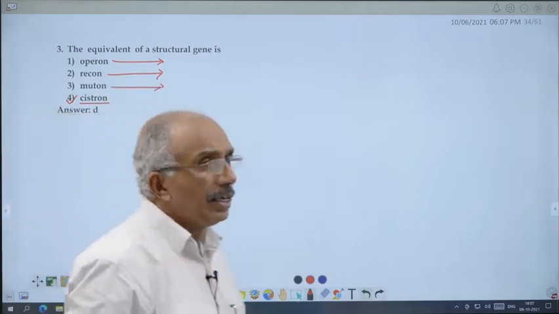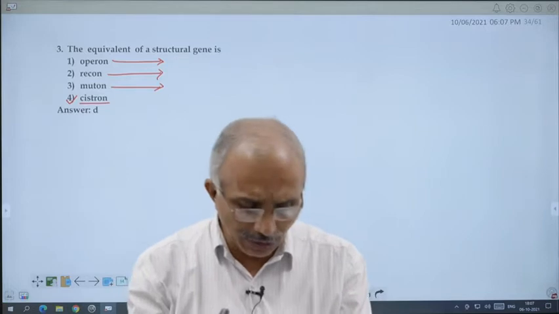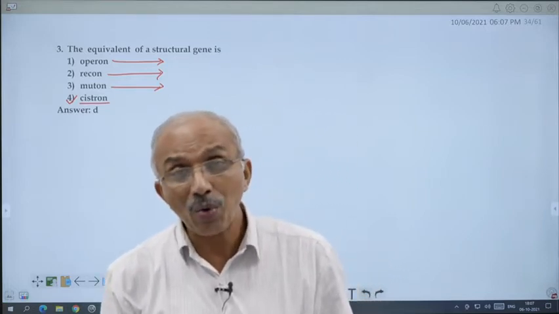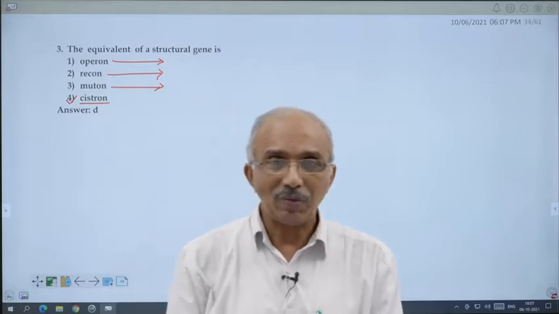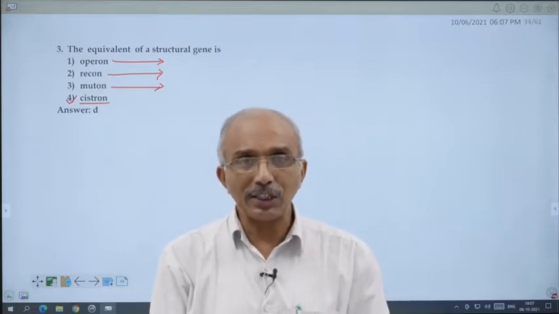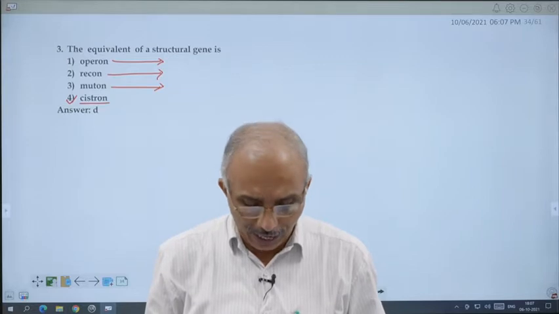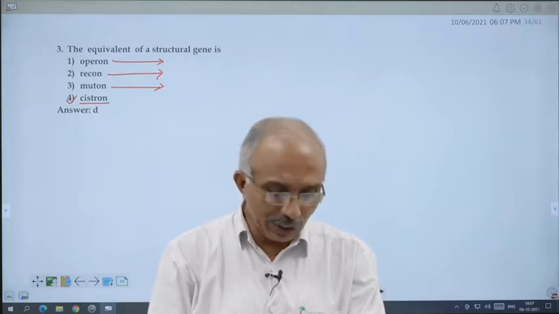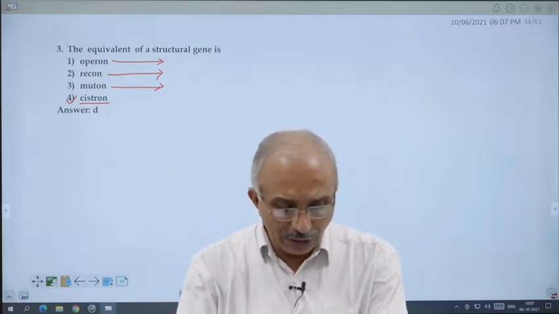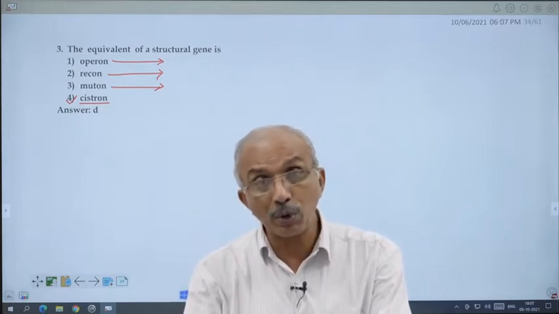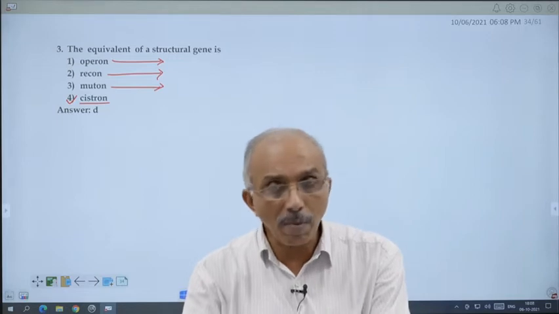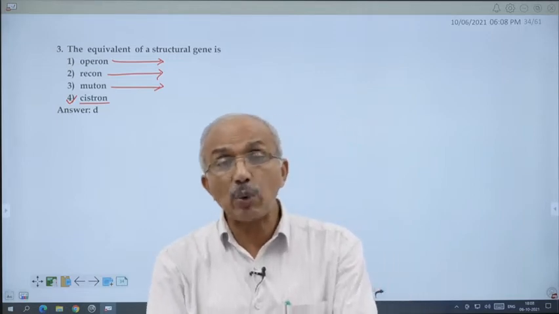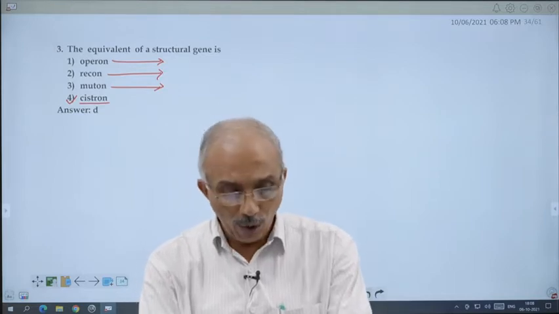Muton is the smallest segment of DNA which can undergo mutation. Recombination unit is called recon. A regulatory unit is called operon.